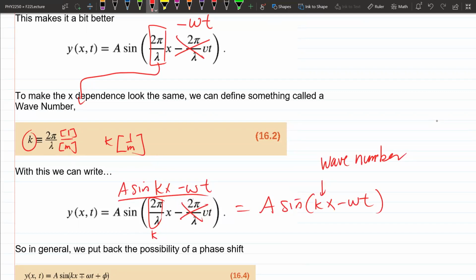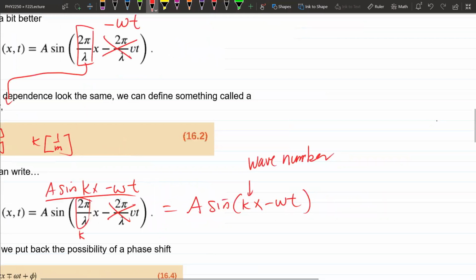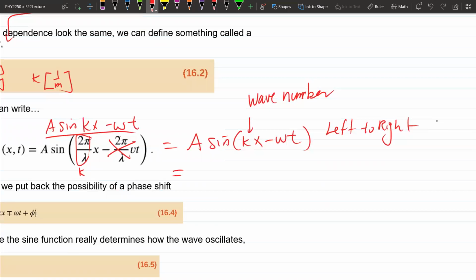This is a lot easier to look at, and if you see it, then you'll say, oh, that's a wave. This is actually a wave that's traveling from left to right. If you want a wave that travels from right to left, it's the same thing, but the stuff in here, this minus sign turns into a plus sign.